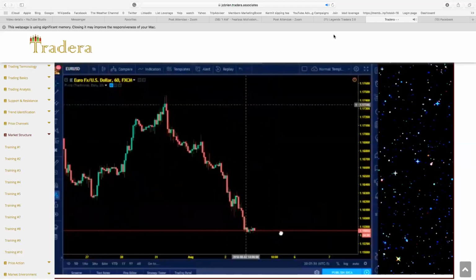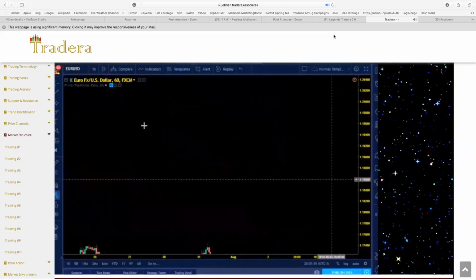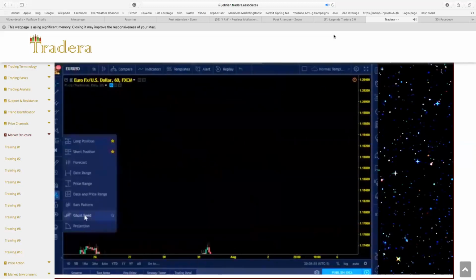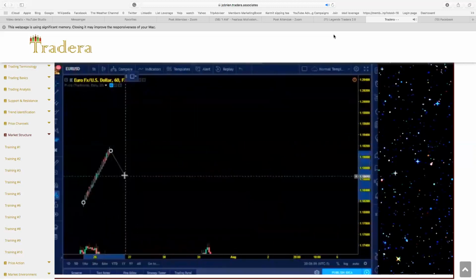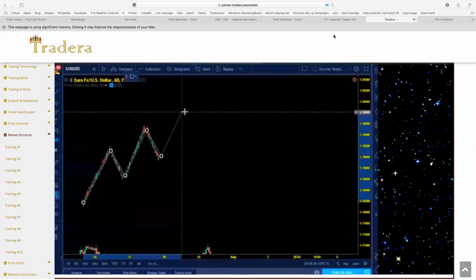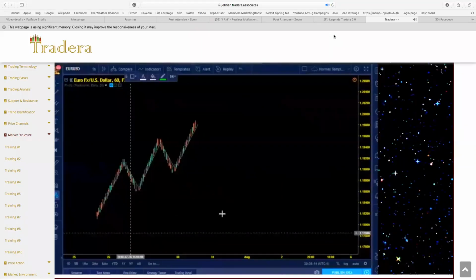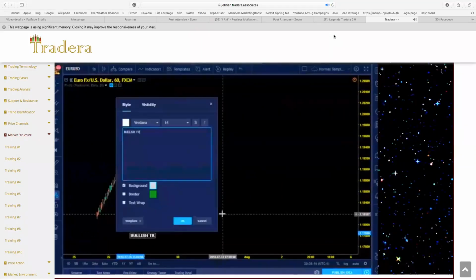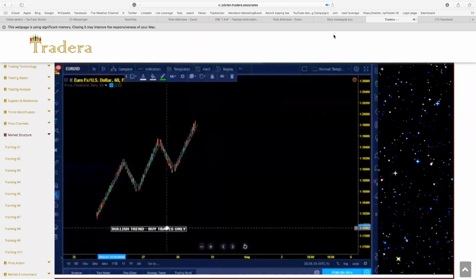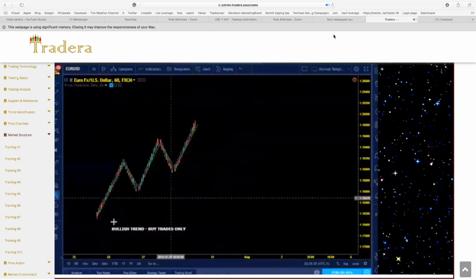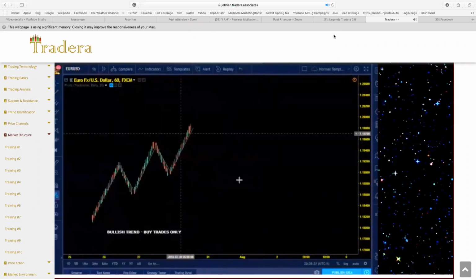Okay, so real quick recap. We're going to talk about structure, and structure looks like this. So who was on yesterday can tell me what market condition this is right here. You guys remember this? Bullish trend? Absolutely. Higher highs, higher lows. Okay, we're heading up.